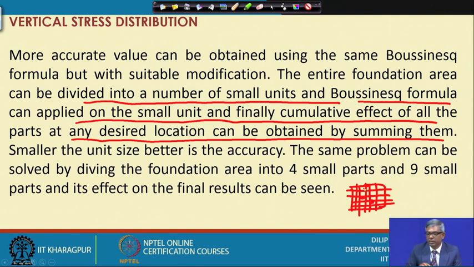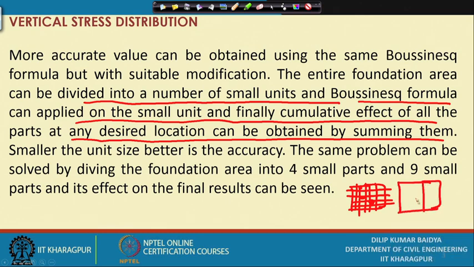Suppose I have divided like this, and I want to find out the effect of this part here. So, this becomes r, this area times q will be the capital Q, and whatever z is given, that z can be used.